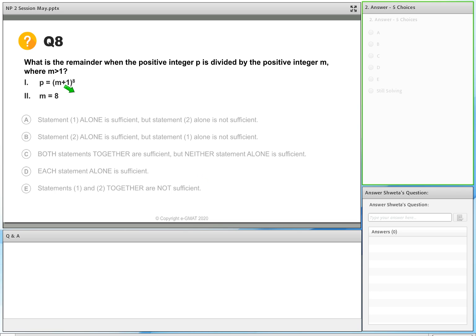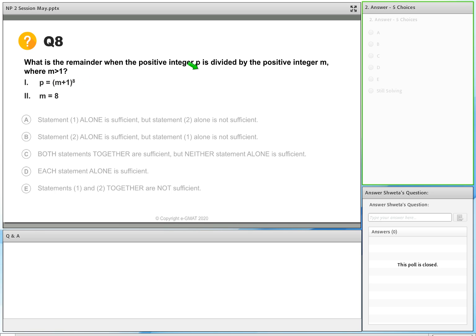Now for all those of you who marked C, what I feel is you did not think through before talking about anything else. I think it's just the fact that in statement one, you did not know the value of m, so you thought, oh, I can't calculate the remainder if I don't even know m. Because if I don't know m, I don't know p. And if I don't know p, what am I going to do? It's all unknown.